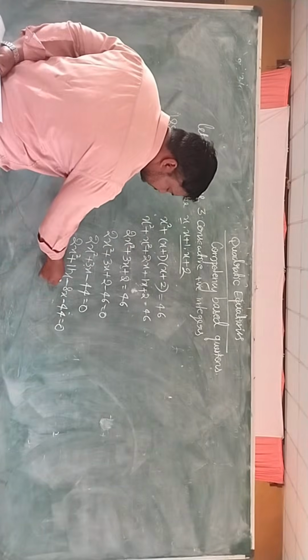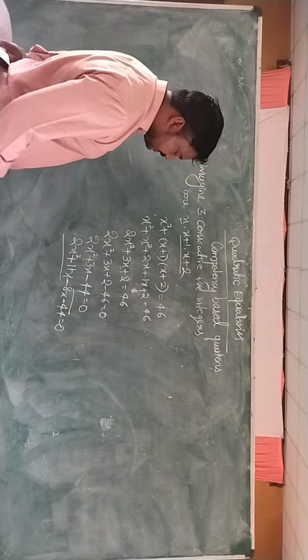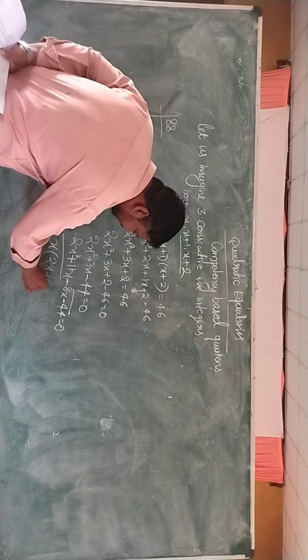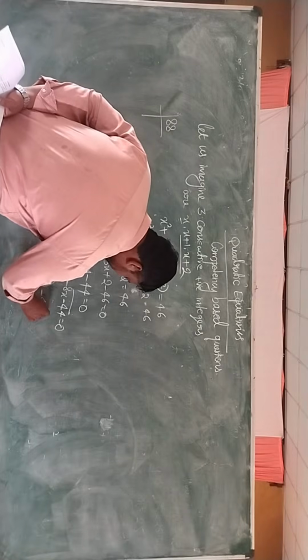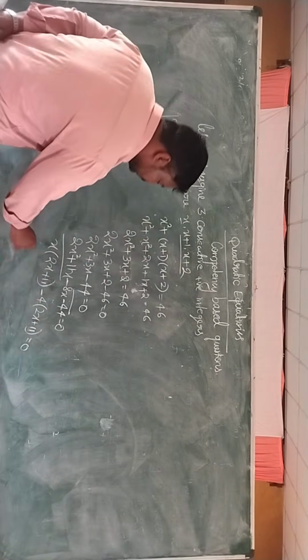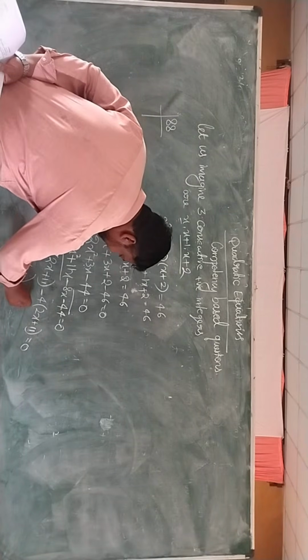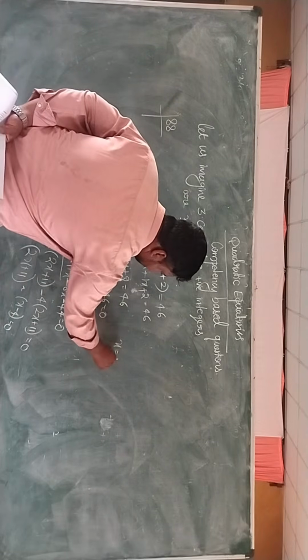Now pairing the numbers: first two terms one pair and last two terms another pair. Here x is common: x into 2x plus 11, minus, here 4 is common, take it outside: 4 into 2x plus 11 is equal to 0. So 2x plus 11 into x minus 4 is equal to 0. So x is equal to 4.